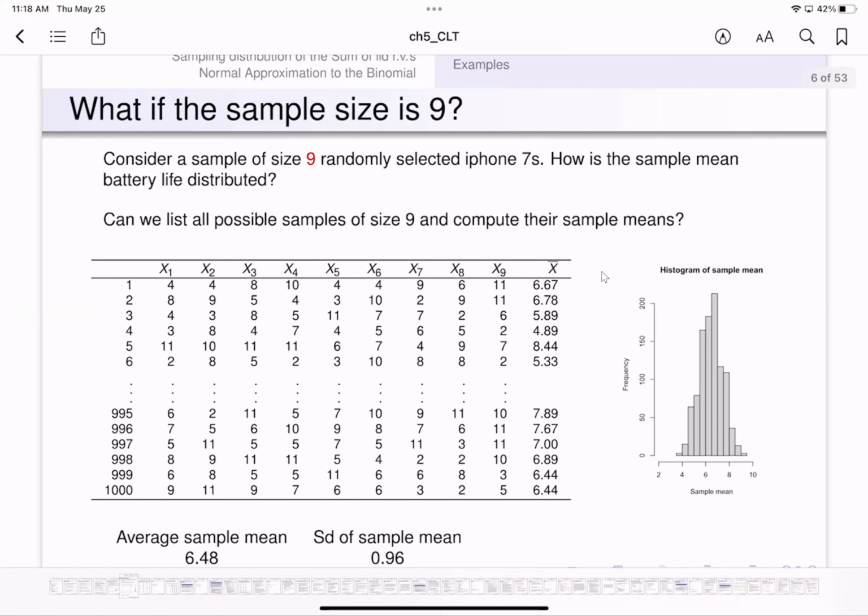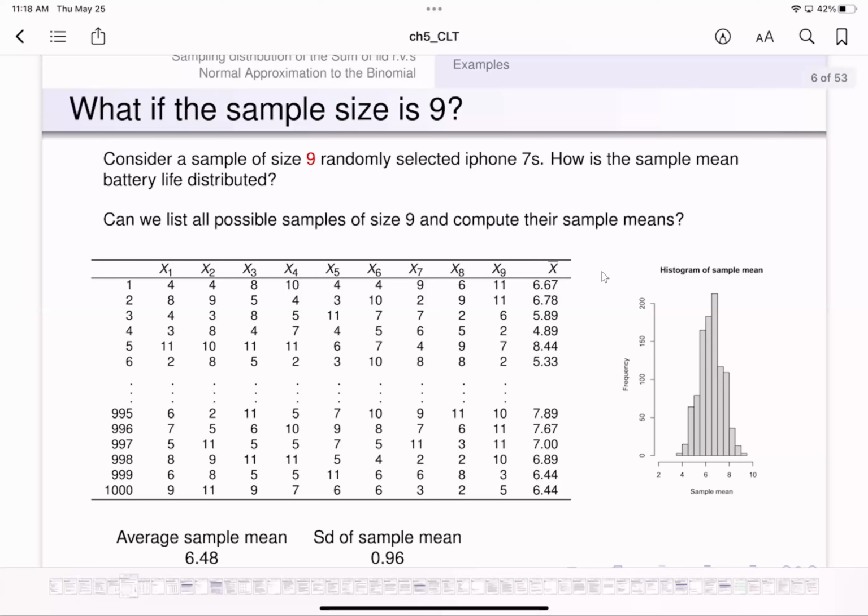And here again, I just randomly selected 1,000 of those and calculated the average from the 9 customers' battery. The last column in the table shows the average from these 9 of them. And you see that these values are, this time, smaller. They no longer go from 2 to 11.